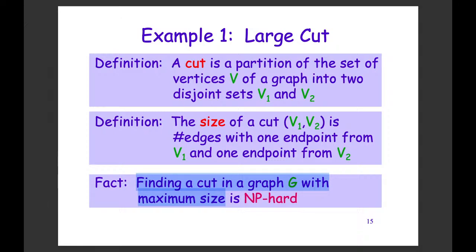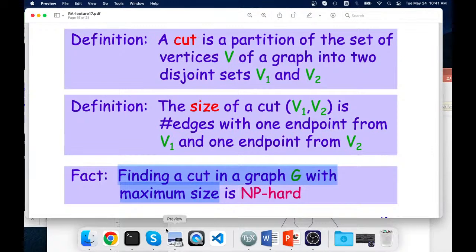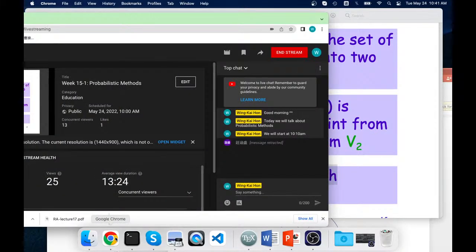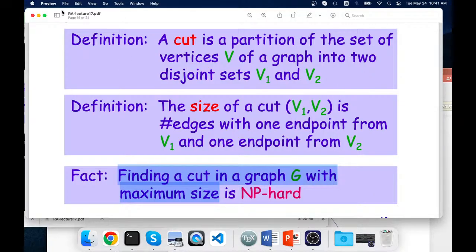So whether or not the graph is disconnected at the beginning doesn't matter. We want to make sure that we can have a lot of edges between the two groups, and this is called the large cut problem. Let me check if we are all okay with the definition so far. Okay, so far so good.